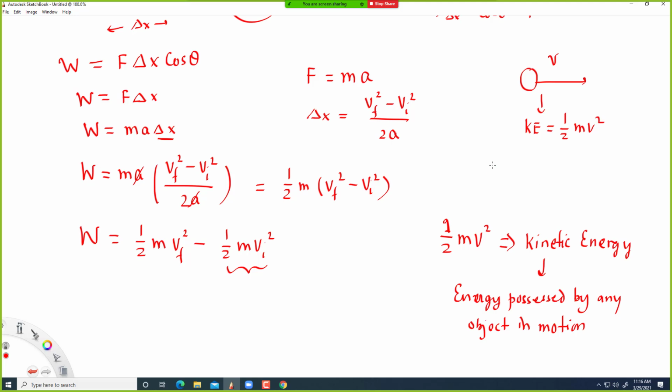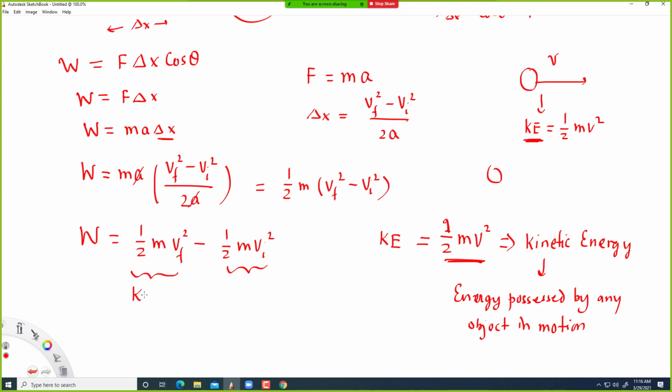Whether it's a rolling ball or a moving car or a running person or an object thrown in air, all those things that are in motion have kinetic energy, which is given by that. Okay, so that's the kinetic energy. It is denoted by KE. So this one is final kinetic energy of the object.